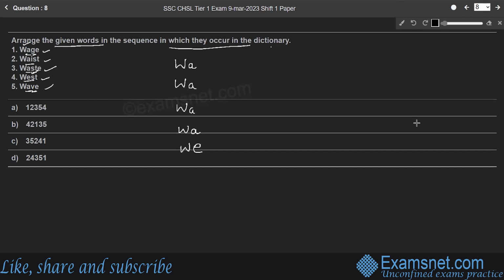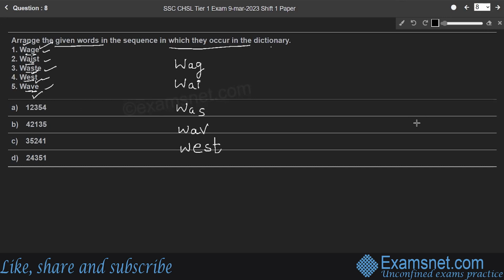Therefore, G comes first, we'll consider WAG. Then in the second word, it is I comes after G, then comes S, then comes V, right? So, which is in wave, and at last it is West, WES. You can consider the last letter also, right? Now consider the first word, wage. So after G, E is the letter.